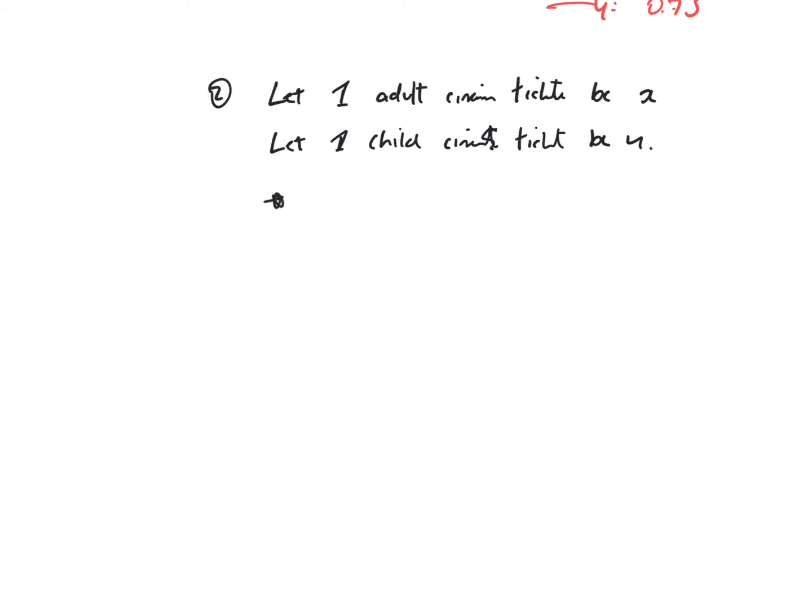Okay, we've got two scenarios here. The first scenario, five adult and two children tickets altogether costs £56.50.